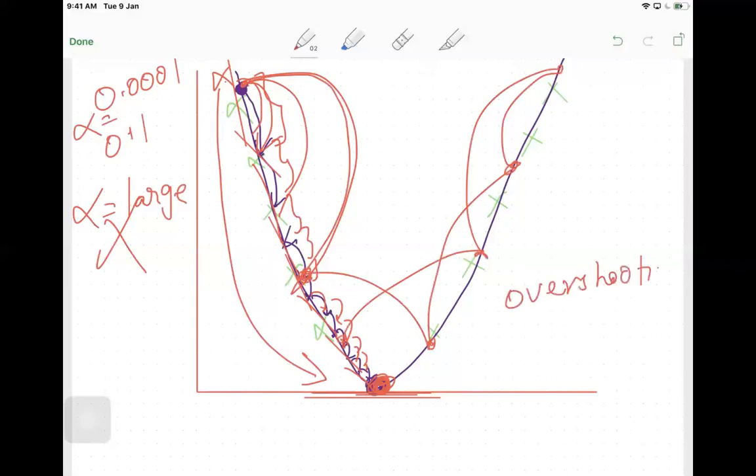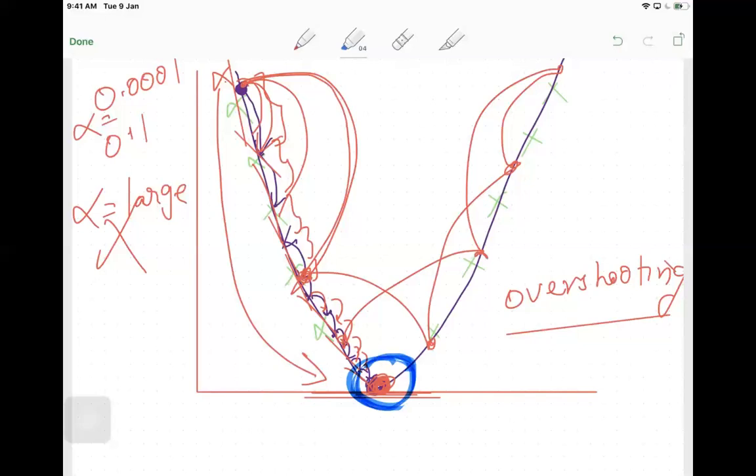That means instead of coming to the global minimum, it keeps over-jumping from one place to another, but it may not reach the global minimum. That is the problem if you take alpha to be a very large value.